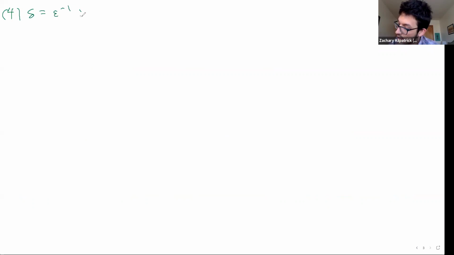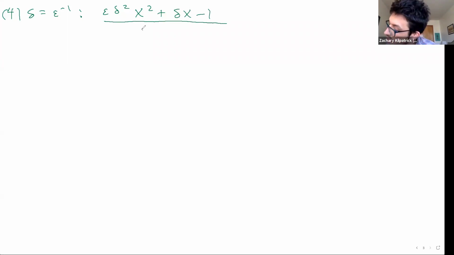Now let's take delta is epsilon to the minus 1. In this case, let's say that if we want to rescale the equation by epsilon delta squared, right? We end up with x squared. And then we also know that epsilon delta squared is then just going to be delta itself, so that'll cancel this term. So we get x squared plus x minus something small, okay?